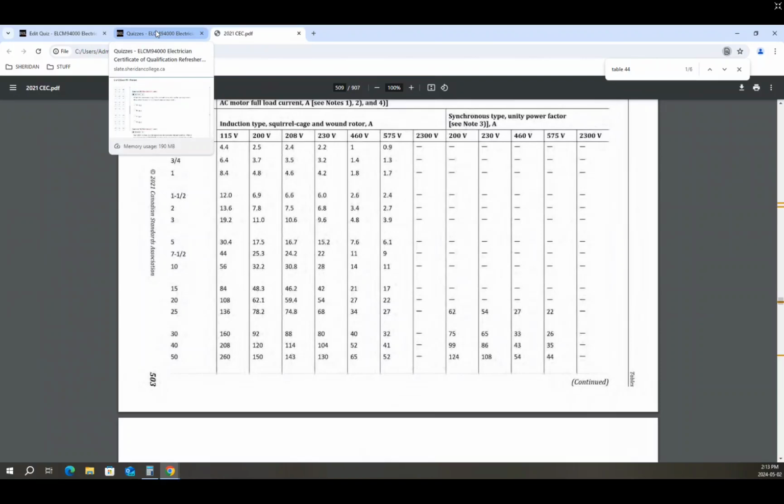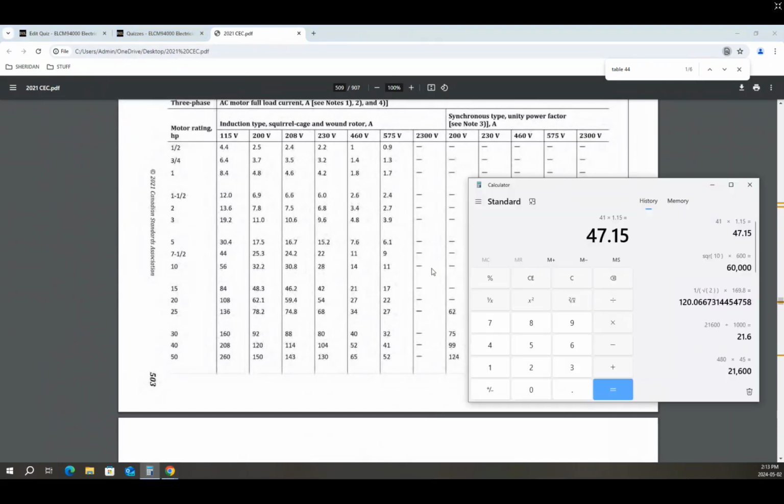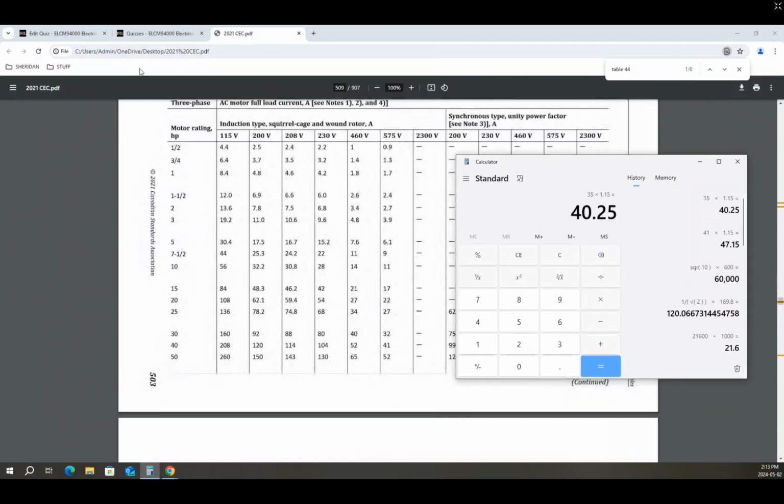So we're going to go 35 times 1.15, and I got 40.25.